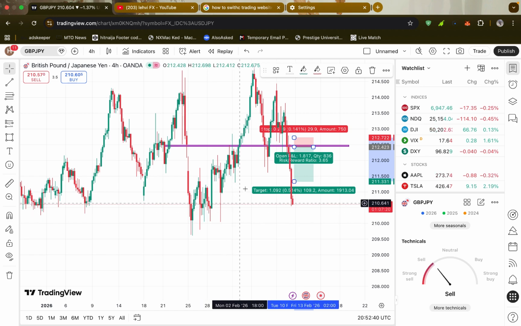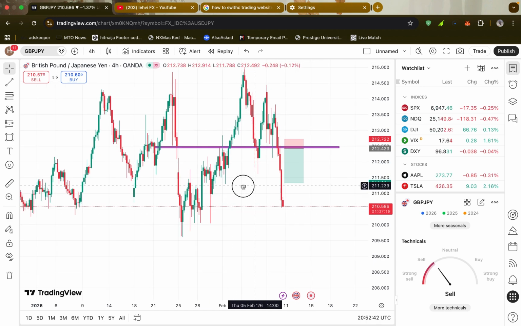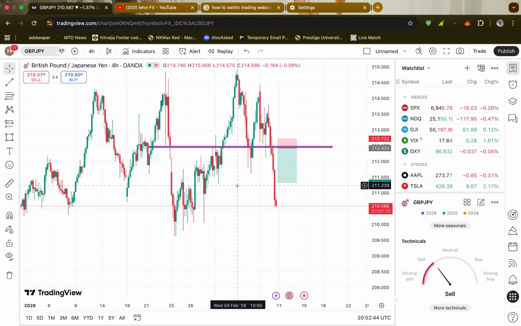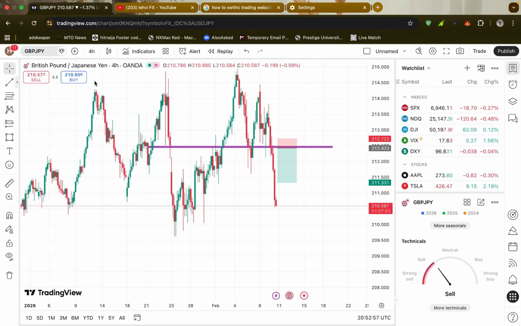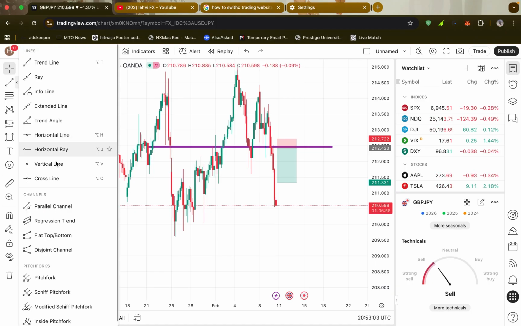Now, to make it more detailed, if you wanted to go with break of structure, you would have this, because I've been trading GJ for a very long time, and this is exactly the way I approach the market.